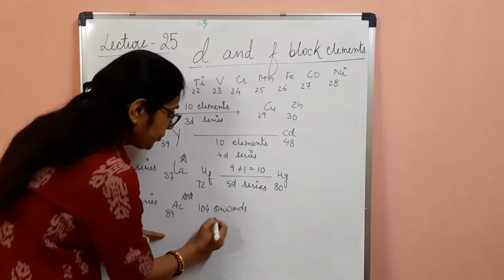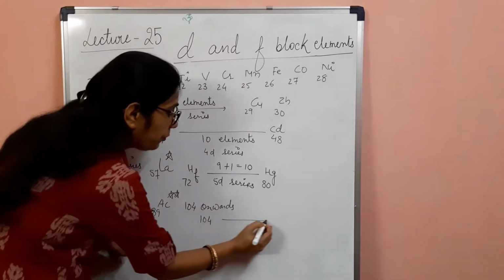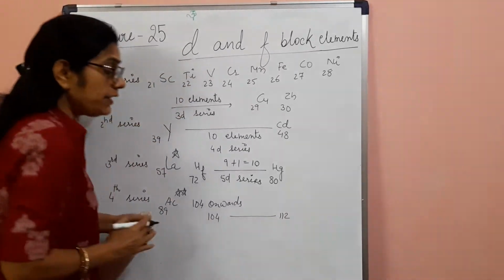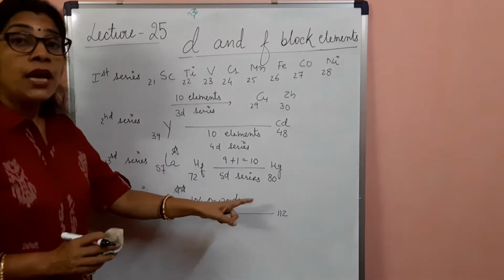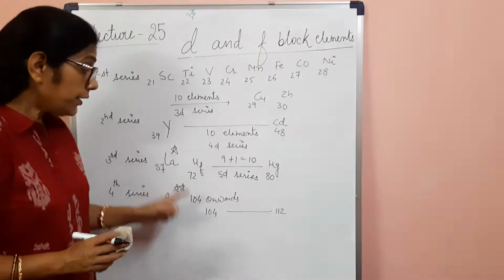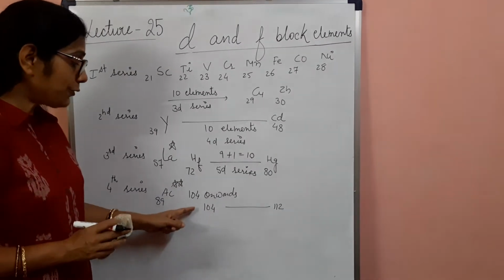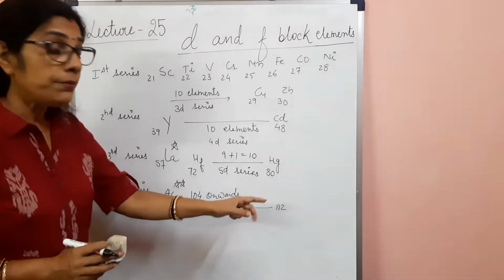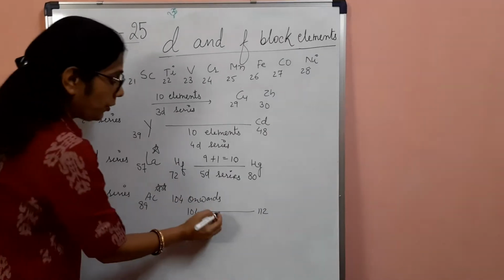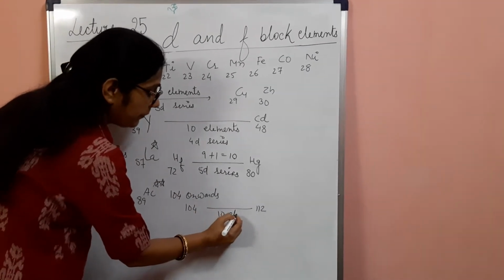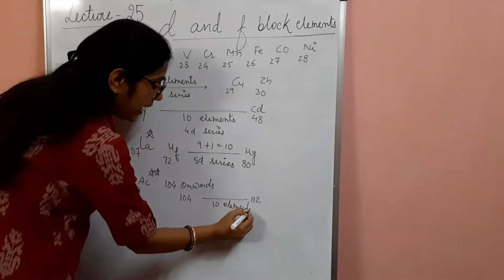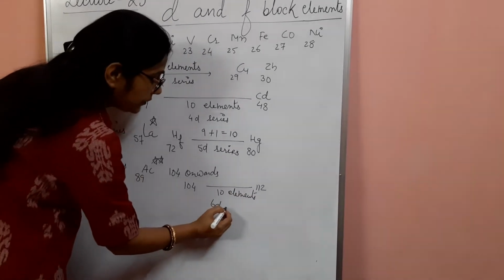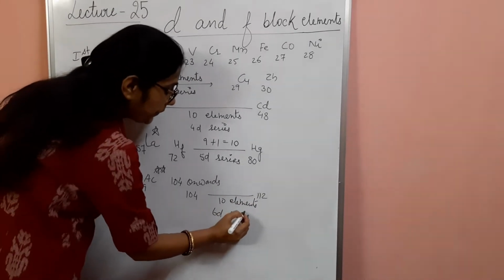Actually 104 to 112, and they have their IUPAC names apart from their American names, Rutherfordium, and it is also known as Unnilquadium and so on. So here also altogether 10 elements, and this is known as 6D transition series.